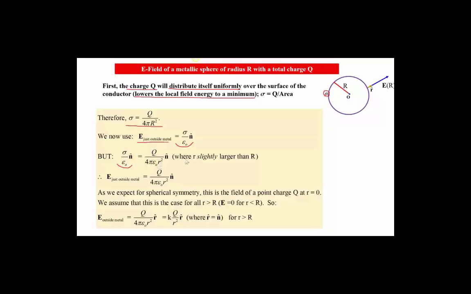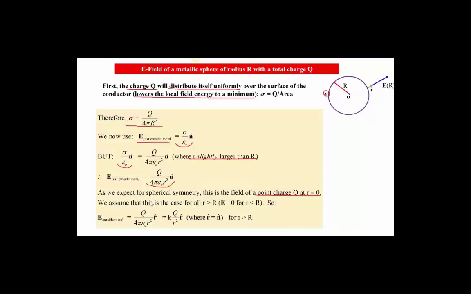If we have r slightly larger than R, then we'll have the E field, which is equal to this quantity here, will be equal to this expression here, which you're familiar with. For spherical symmetry, this is the field of a point charge at r equals 0.